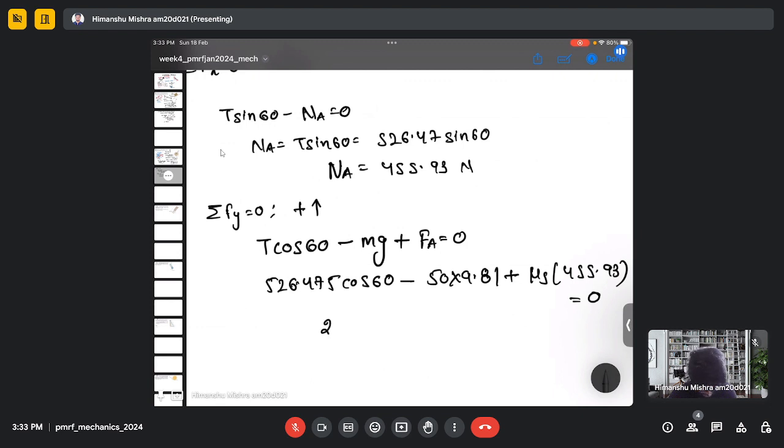So this will be 263.23 minus 490.5 plus 455.93 mu s, or I can write in the right hand side the minus sign.